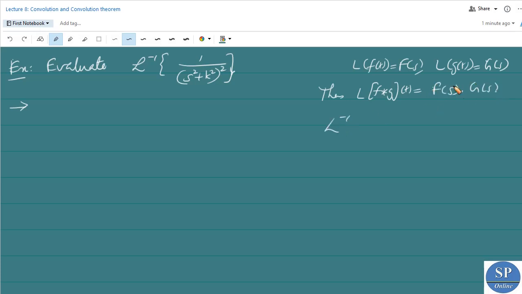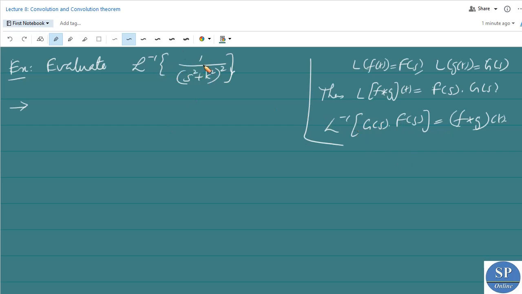Also we have L inverse of F of s into G of s is equal to f star g of t. So we can use this to find the inverse Laplace transform of this.